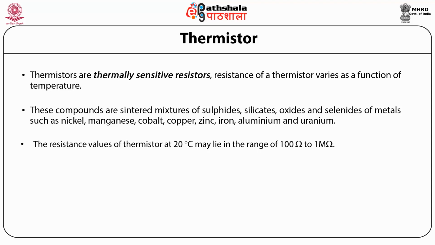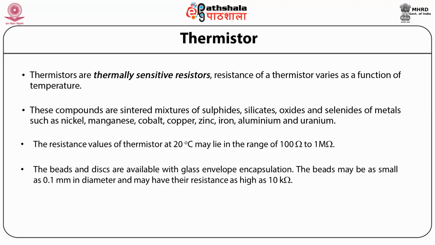The resistance values of a thermistor at 20 degrees centigrade may lie in the range of 100 ohms to 1 megaohm. The elements are in the form of beads, rods, and discs of various sizes. The beads and discs are available with glass envelope encapsulation. The bead may be as small as 0.1 millimeter in diameter and may have resistance as high as 10 kilo ohms.